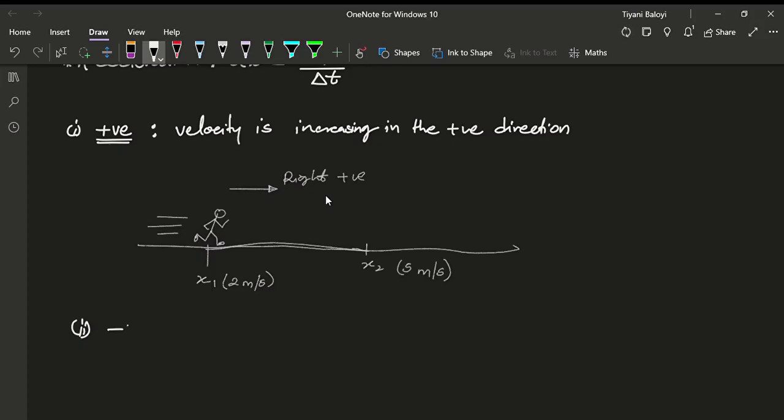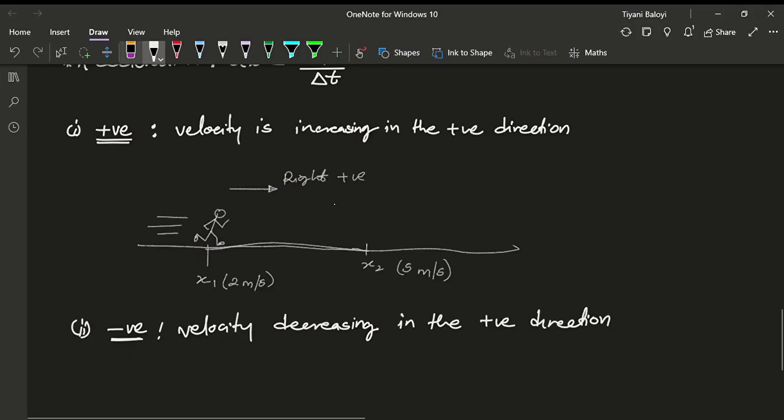Now let's look at a negative acceleration, which is the opposite of that. So you have velocity decreasing or dropping in the positive direction. Let's just look in one direction, the positive direction.